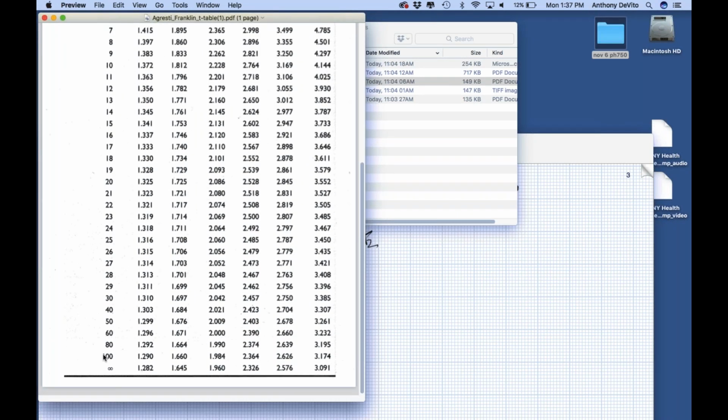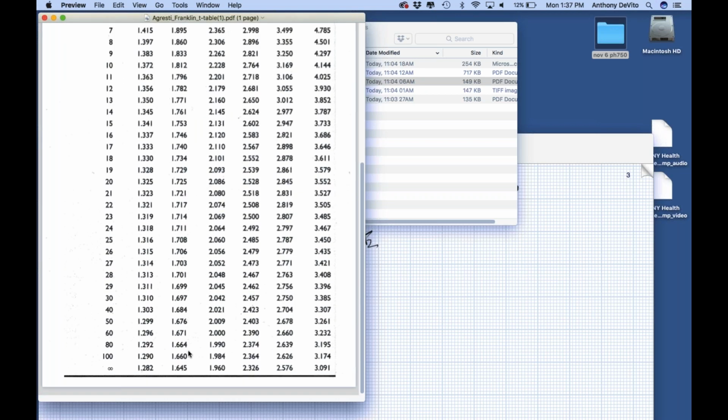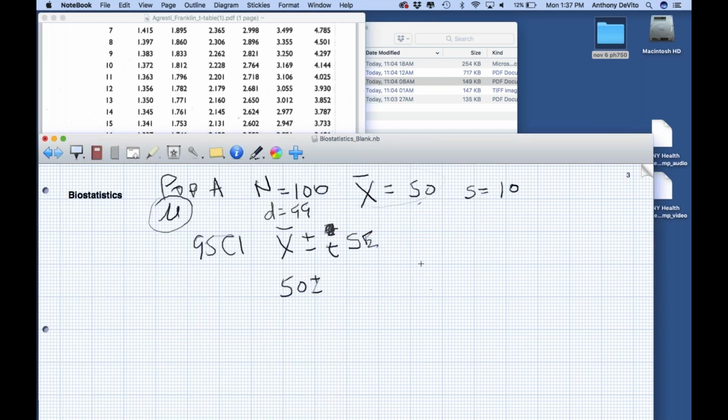The closest we have on this table is 100. So the t-score for a 95% confidence interval is going to be equal to 1.984. Pretty close to 1.96, but not exactly. I'm going to call it 1.98.